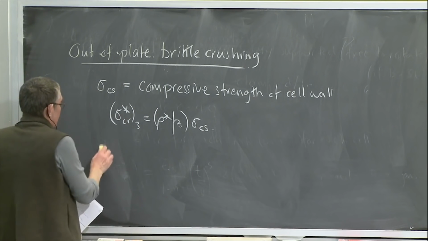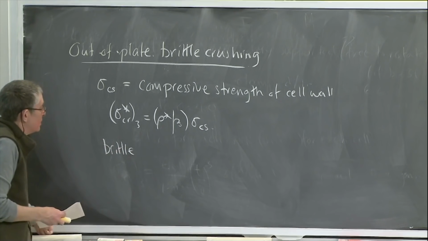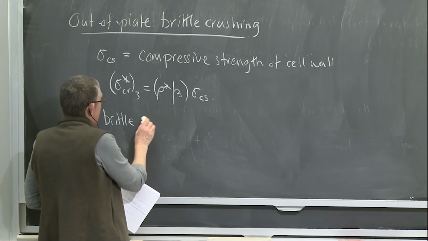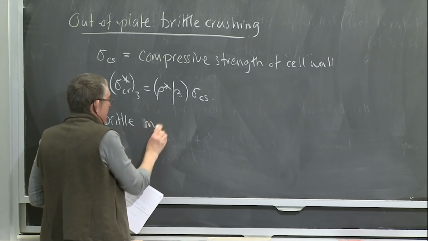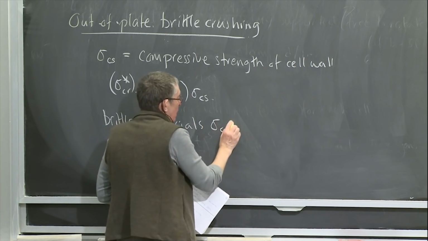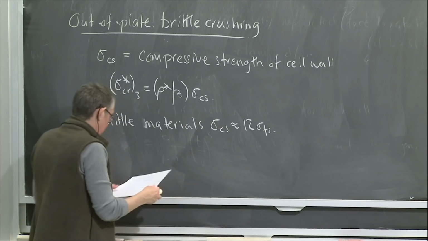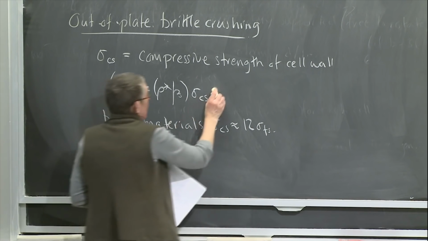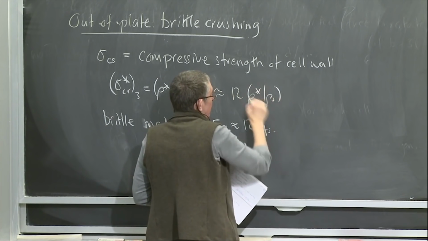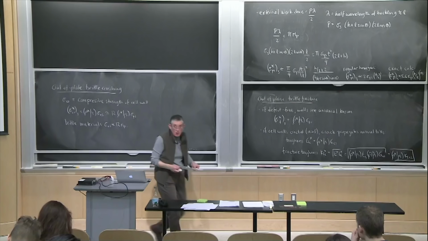And for brittle materials, that crushing strength is typically around 12 times the modulus of rupture or fracture strength. So we could say that's about equal to 12 times the relative density times sigma fs of fracture strength.